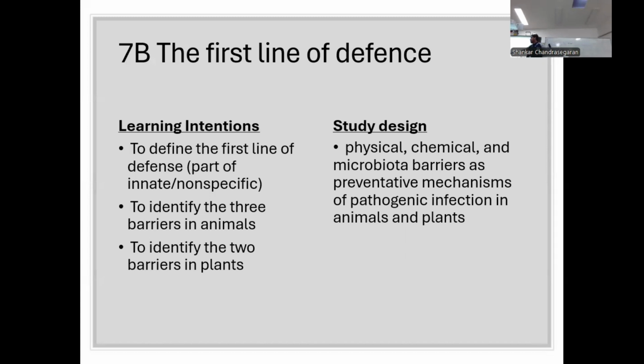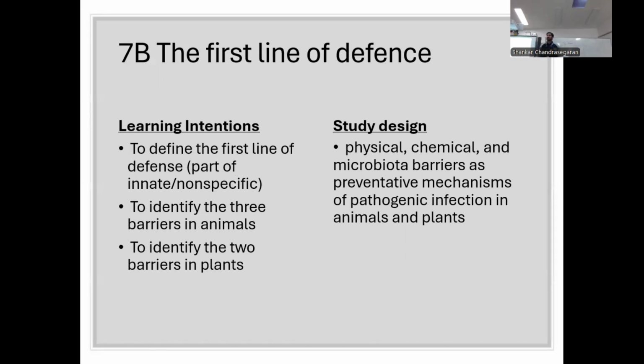All right. So today's lesson, we're going to focus on looking at the first line of defense, part of your innate or non-specific immune system, right? So your immune system is split into two categories. One is non-specific and the other one is specific. Specific is basically like a sniper rifle aiming at one type of bacteria or one type of pathogen, and trying to specifically target that.